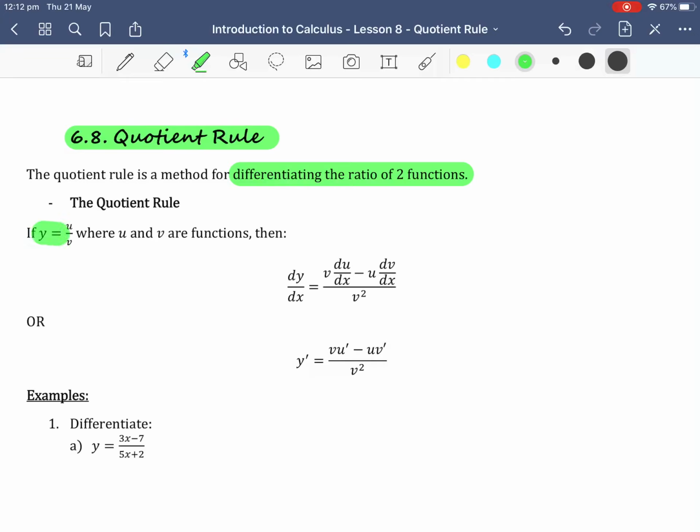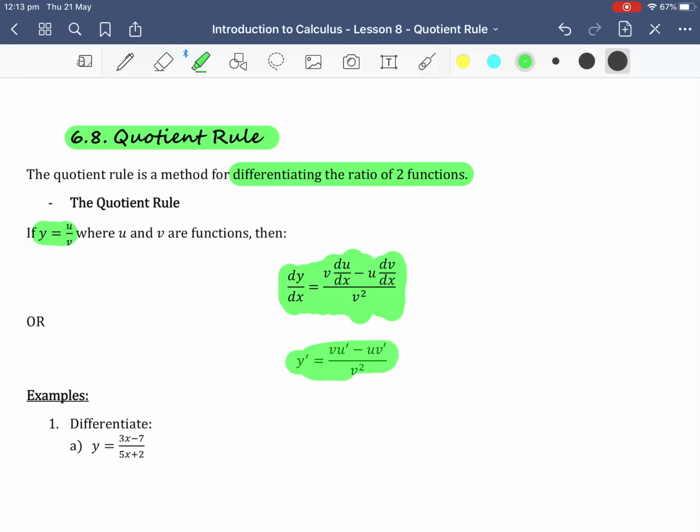So if u and v are functions of x and y equals u on v, where u and v are functions, then dy on dx, so the derivative, equals v times du on dx minus u times dv on dx all over v squared.